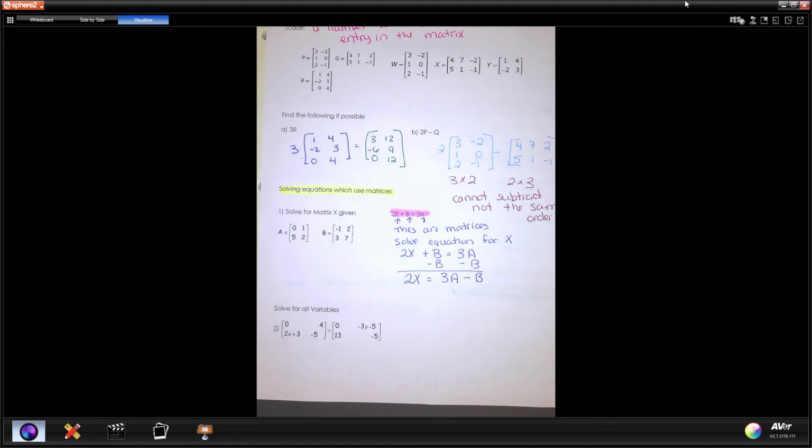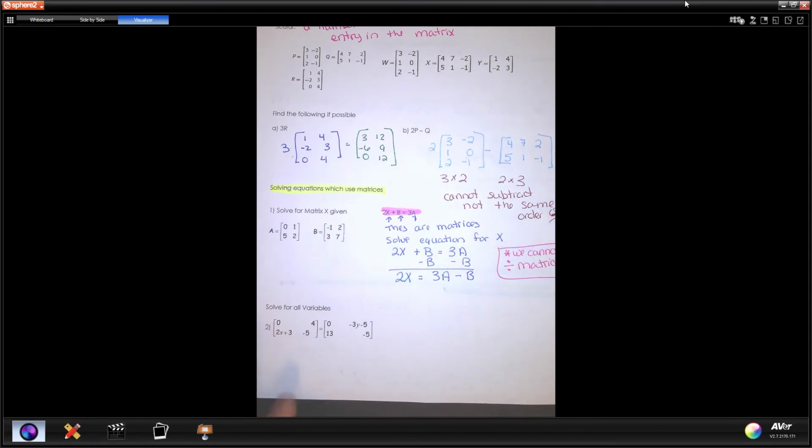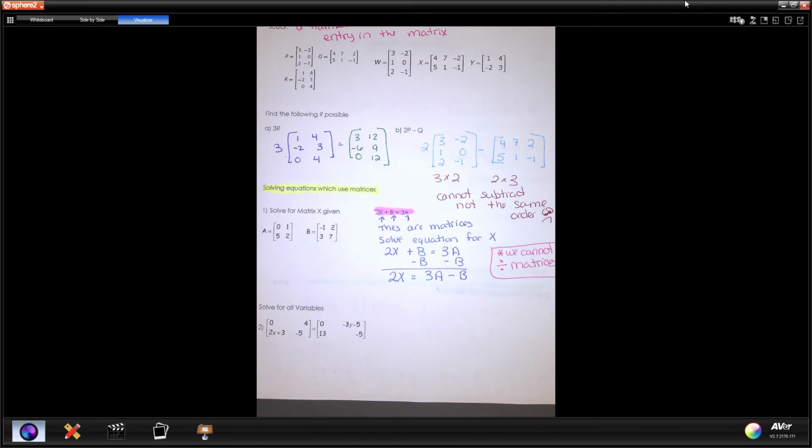However, we have a slight problem: we cannot, and this is really important, divide matrices. For some reason, that is an illegal operation. We can add them, we can subtract them, we can multiply them by scalars, and as we're going to find out in our next lesson, we can actually multiply them, but we cannot divide.